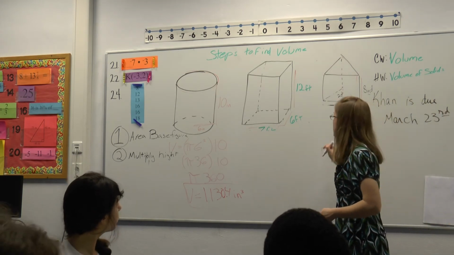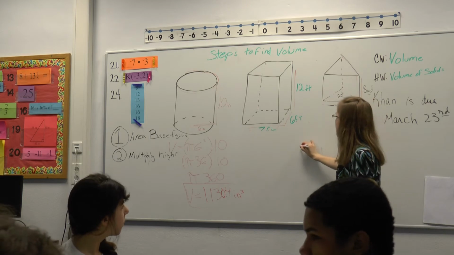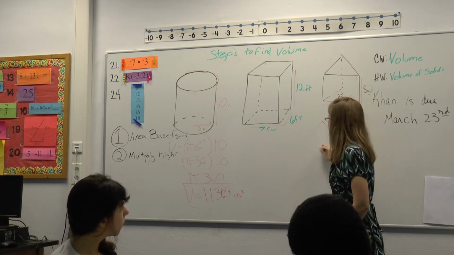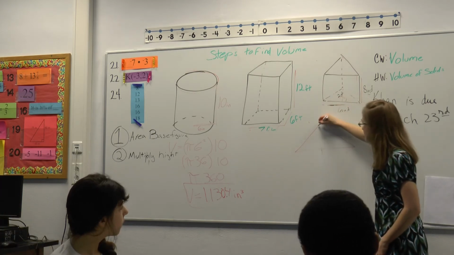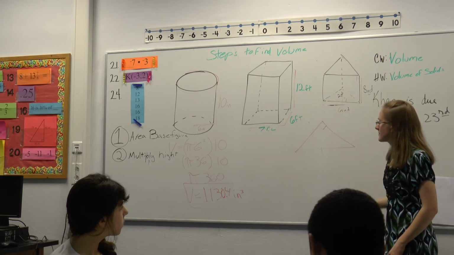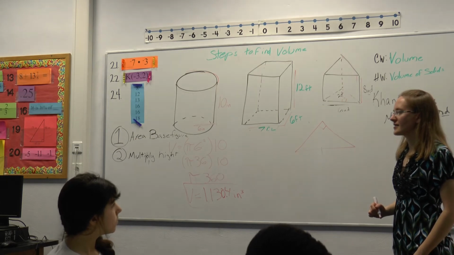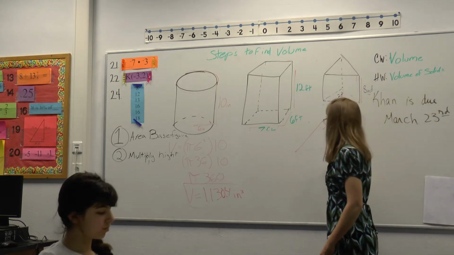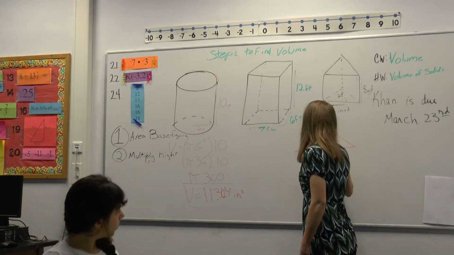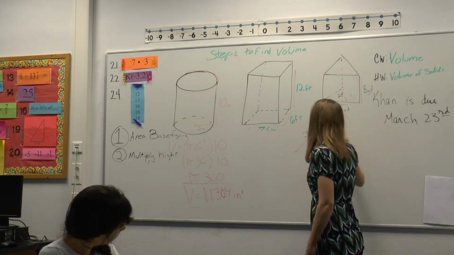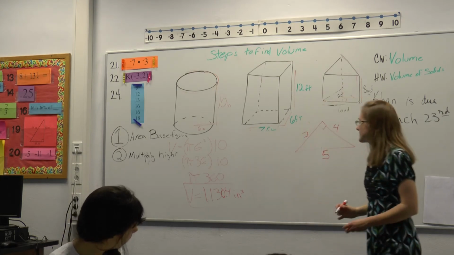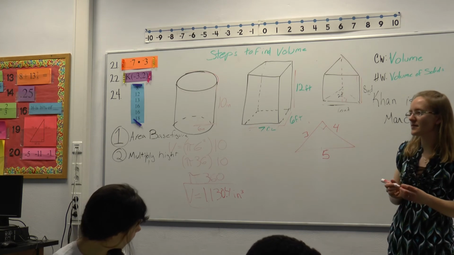In a triangle, in a right triangle, what is the altitude, or what is the height? If I had maybe 3, 4, 5, what would I use as the height of this triangle?